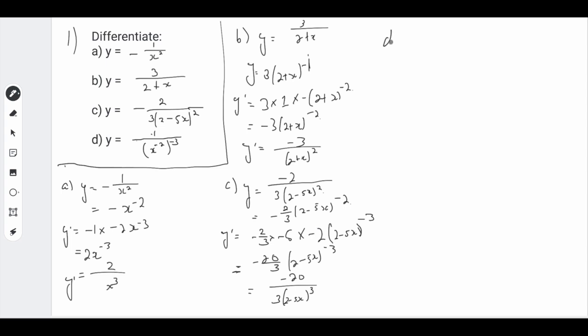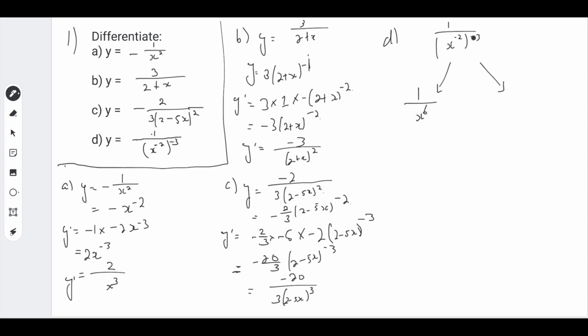So now finally, part D, we have (1 over x to the power of minus 2) to the power of minus 3, right? So I can think of 2 ways to do this. Both are pretty much the same thing, but the first one is to just simplify this right off the bat. So minus 2 times minus 3, that would get us 1 over x to the power of 6.